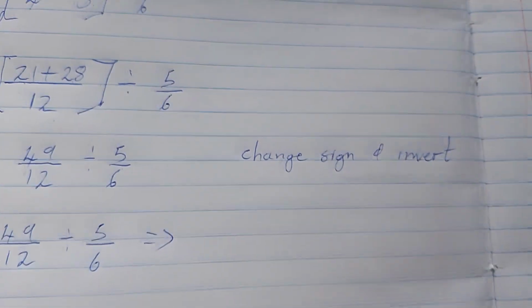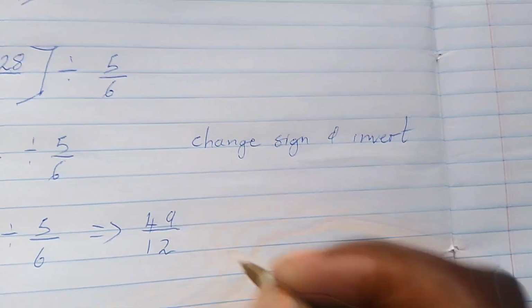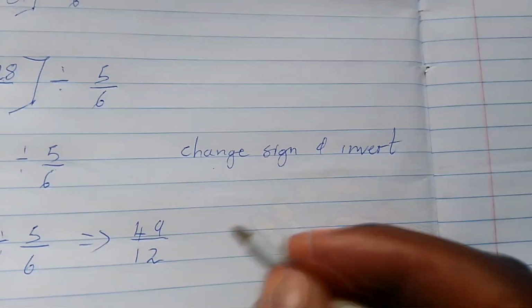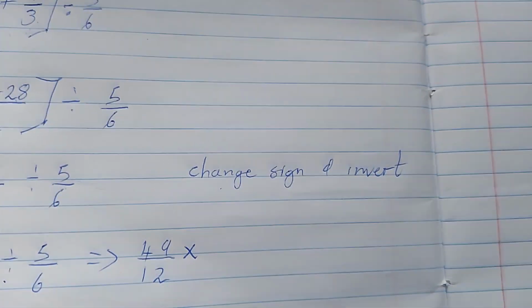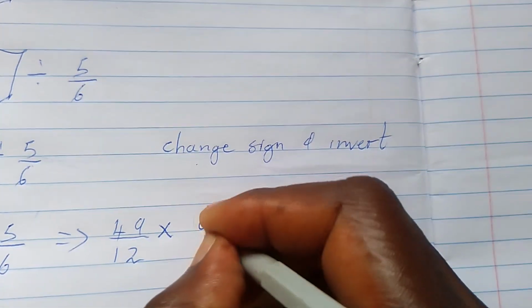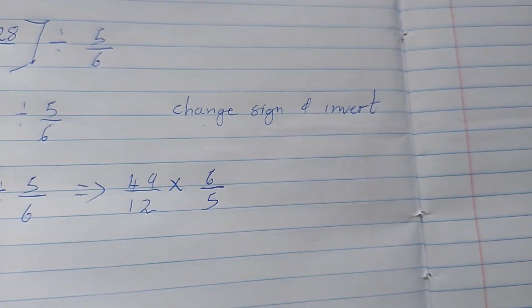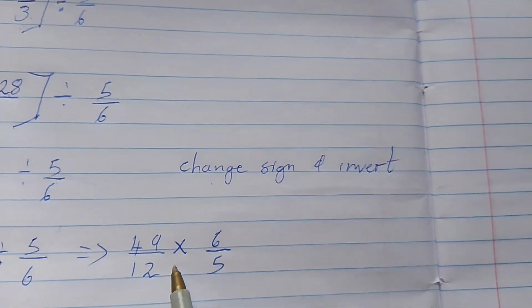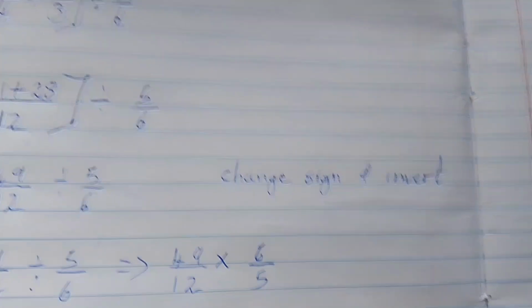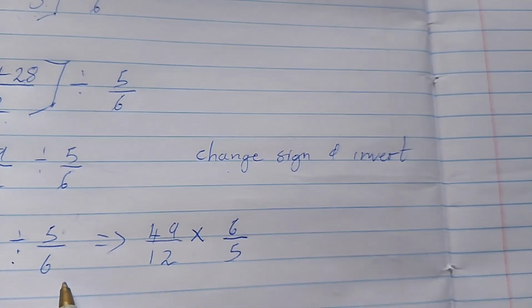Then we change this like this: 49/12, come to the sign here, change the sign, we put a multiplication sign, then invert: 6 over 5 now. So you see what happened here? This is where the magic happens. It's division to multiplication. Right after you just change your sign, make sure you don't forget to invert as well.